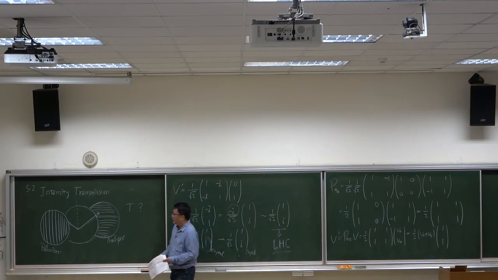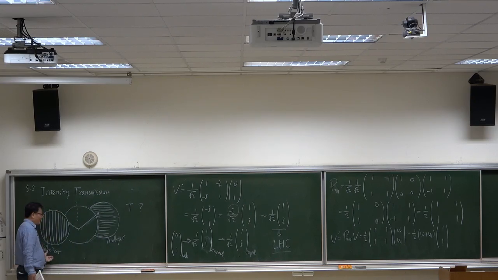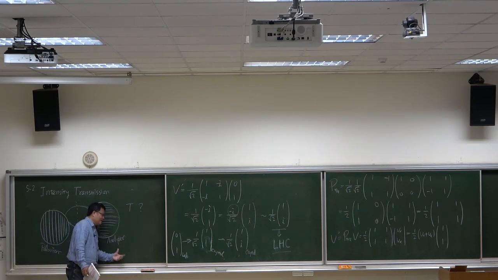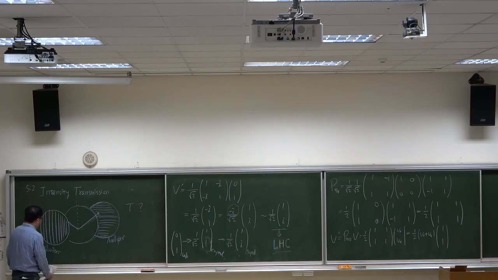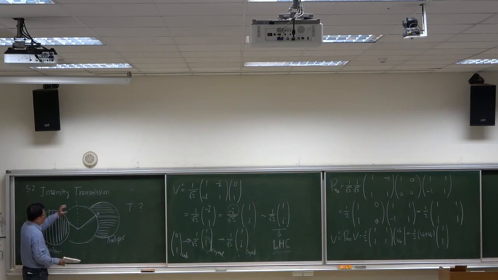Okay. However, usually we call this one polarizer and call this one analyzer. Okay. This polarizer is used to prepare the incident polarization state. Okay. And we use this wave plate to influence or change the polarization state of the incident light.